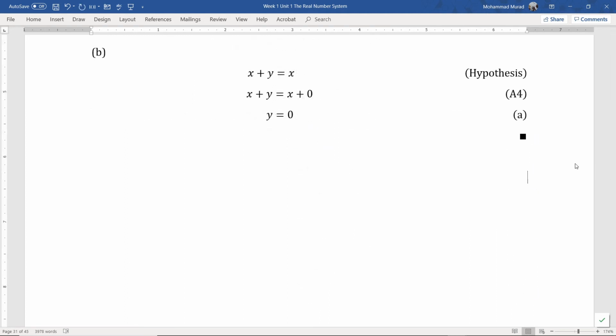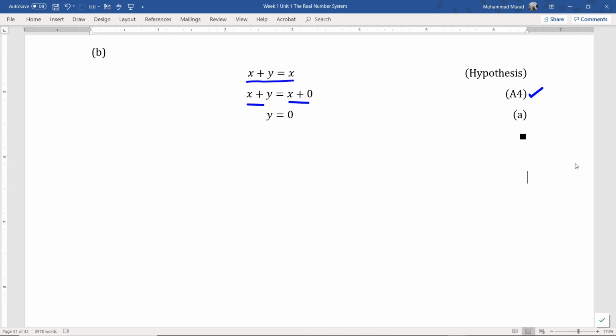Let's try to prove the statement B. It says if x plus y equals x, then y must be equal to 0. So we begin with the hypothesis that x plus y equals x. Let's keep the left hand side as it is and replace the right hand side by x plus 0, which is the application of the axiom A4.